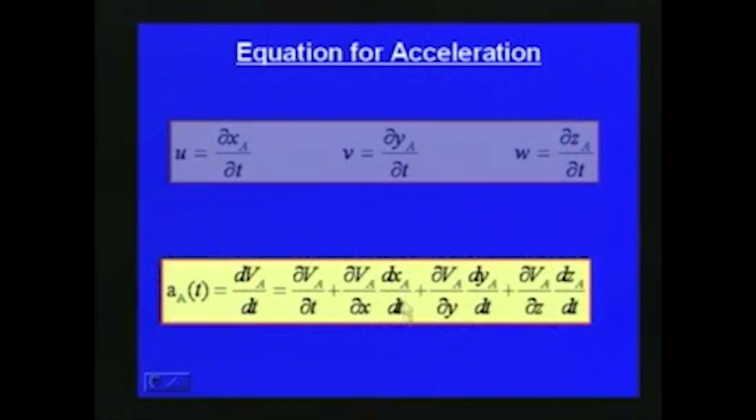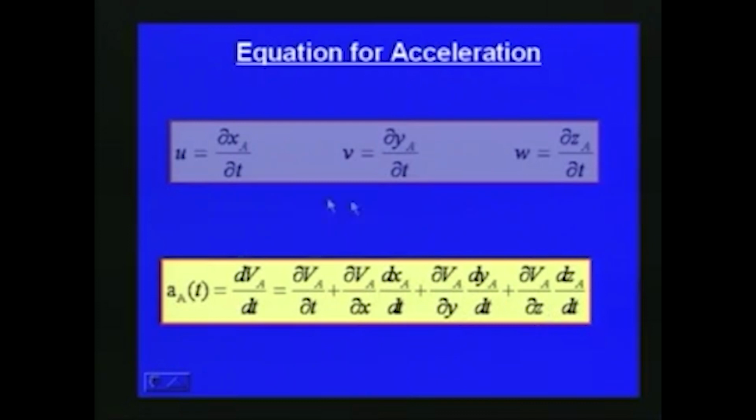That can be represented as the local acceleration ∂V_A/∂t plus ∂V_A/∂x times dx_A/dt, which is with respect to the velocity component in the x direction, u, plus ∂V_A/∂y times dy_A/dt, which is with respect to the velocity component in the y direction, plus ∂V_A/∂z times dz_A/dt.